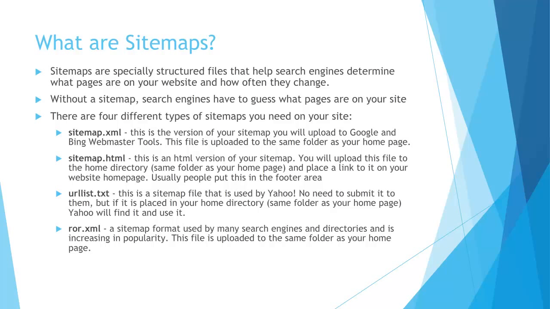But url.txt actually needs to have that name. And this is simply a sitemap that's in text format, as opposed to sitemap.xml that is in XML format, and sitemap.html that is in HTML format.